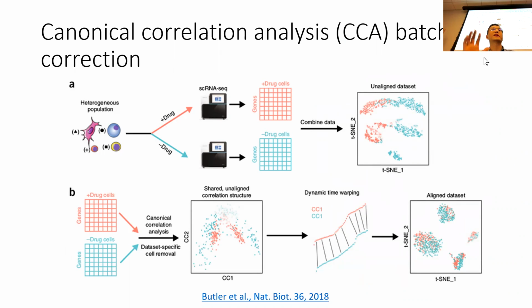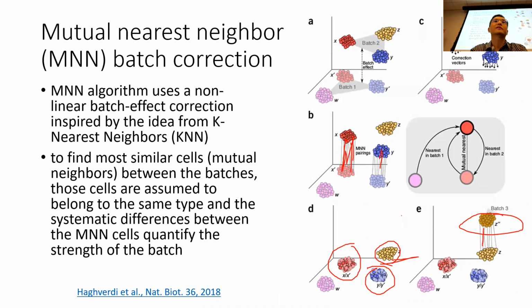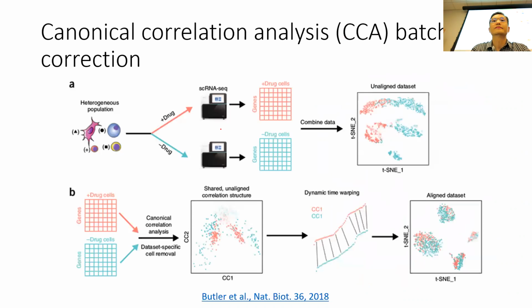So that's a distance-based method based on KNN. By the way, the K is the number of nearest neighbors you will consider when you do this.